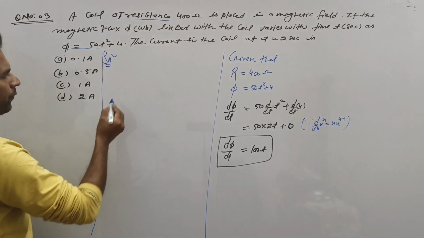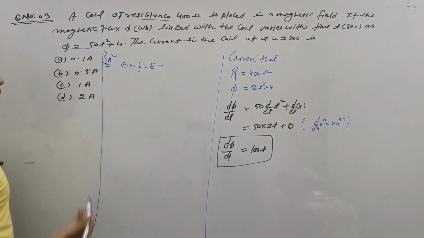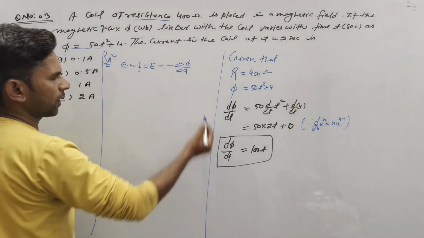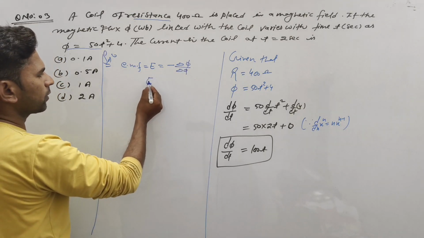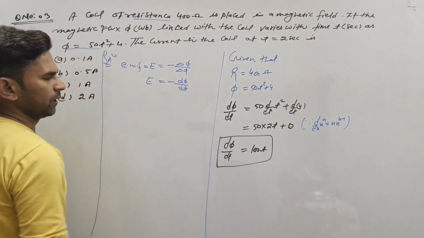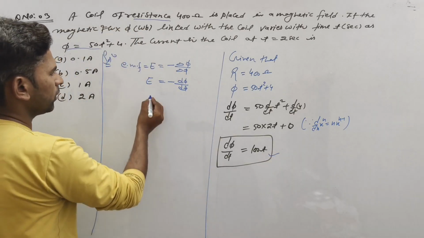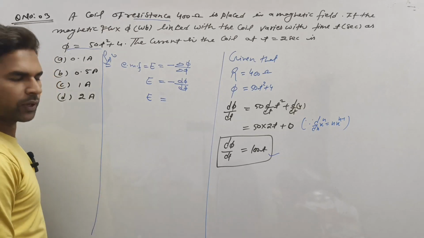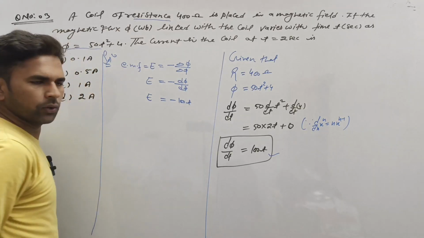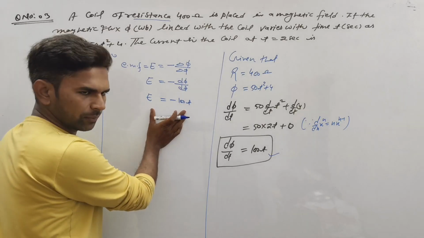Induced EMF is defined by this equation: negative of change in magnetic flux over change in time. You can write this equation as E is equal to negative of d phi upon dt. You know the value of d phi upon dt, so now you can write E is equal to negative of 100t. So this is the induced EMF.